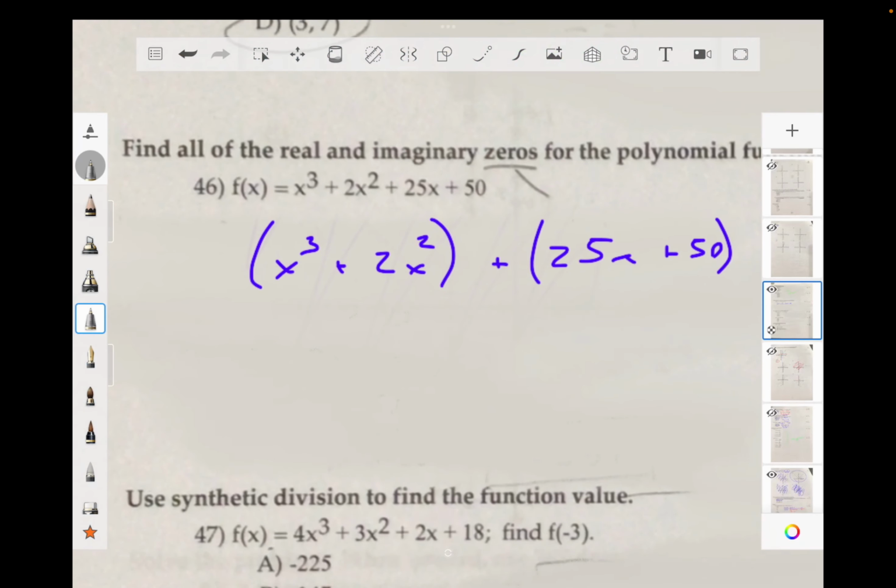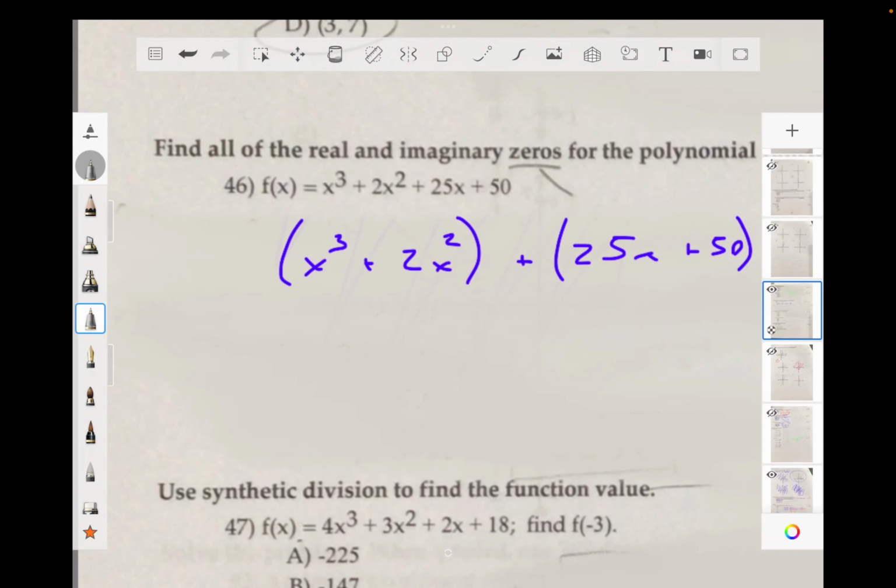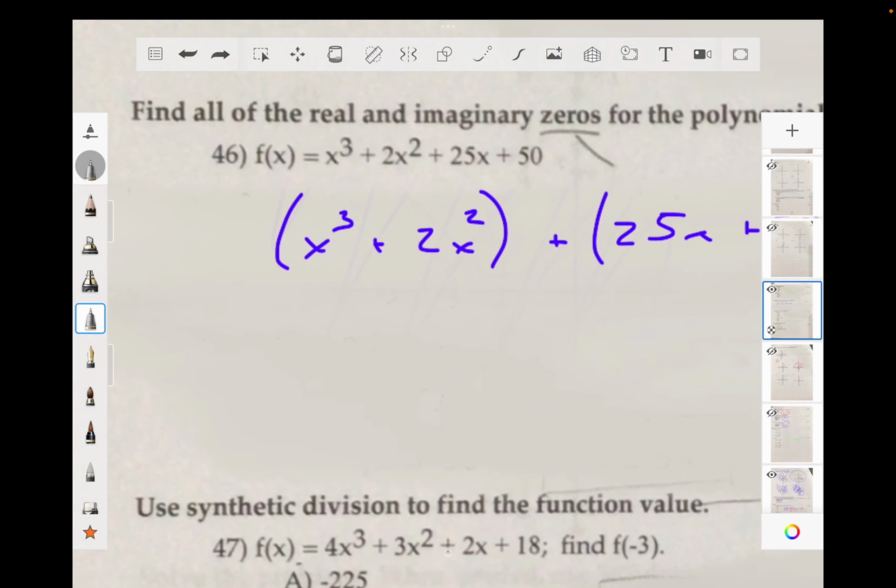And then you could factor out an x squared from the first two terms, so it becomes x squared times x plus 2. Right? Because if I distribute that, it becomes this.